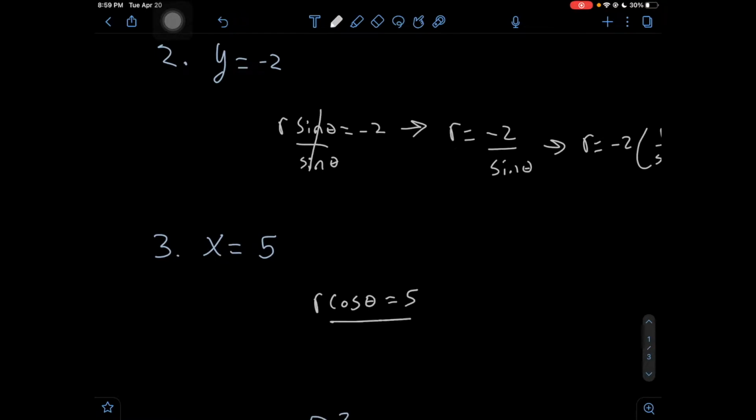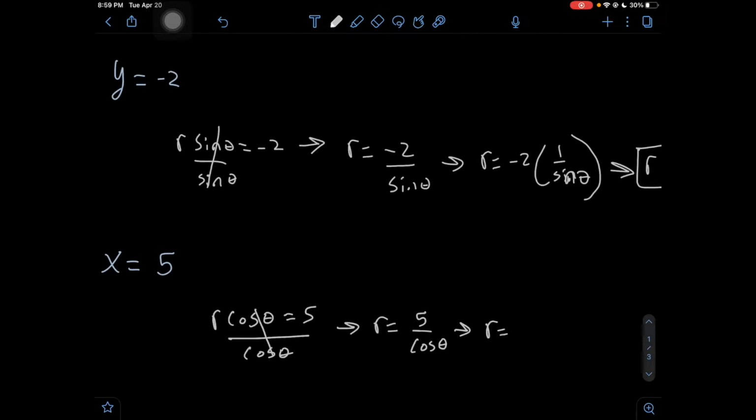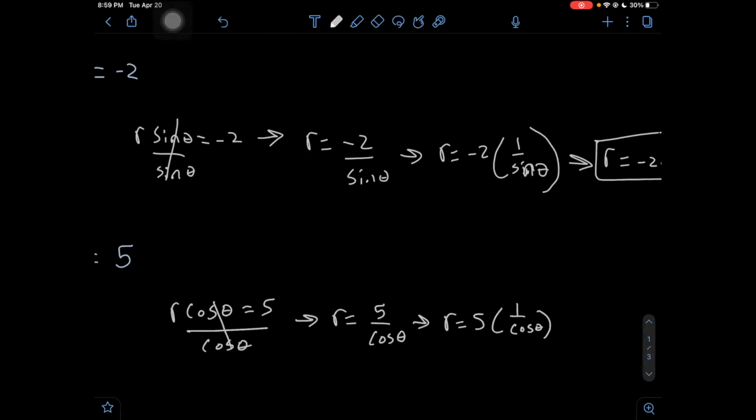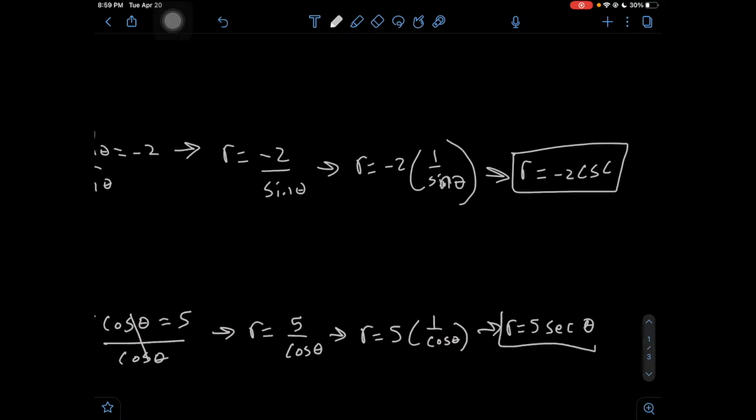So let's divide by cosine of theta on both sides, and we get r equals 5 over cosine of theta. Or you could multiply by 1 over cosine, whatever is easiest for you. So this is basically r equals 5 times 1 over cosine of theta. As we know, 1 over cosine of theta is just secant. So we have r equals 5 secant theta. We should also add the theta for number 2, cosecant theta. Those are our answers for 2 and 3.